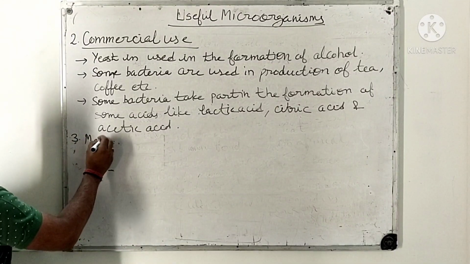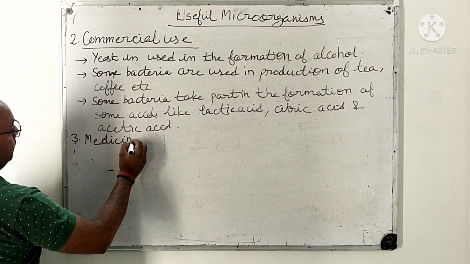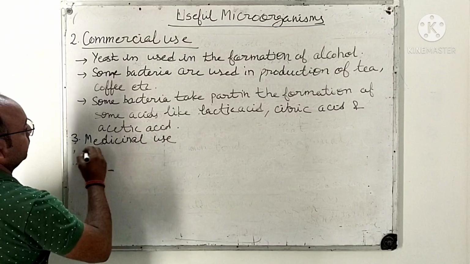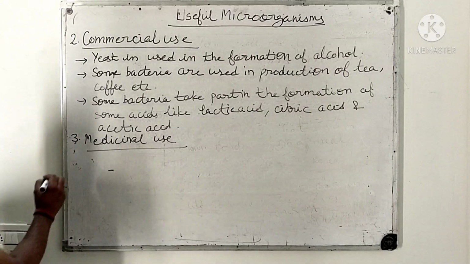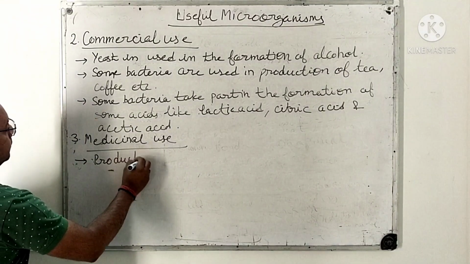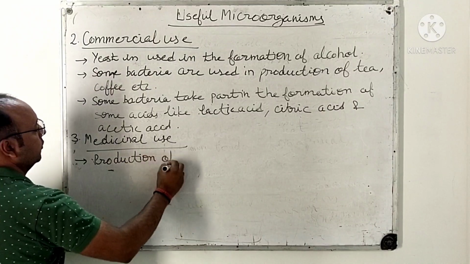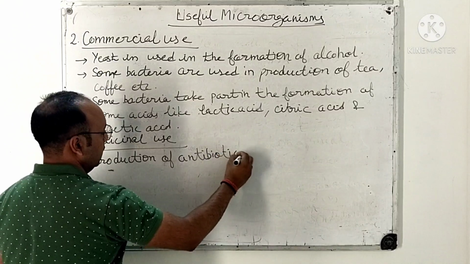Then the best part of this is medicinal use. Medicinal use means how they are used in medicines. The first one is production of antibiotics. Very, very important, very, very helpful.